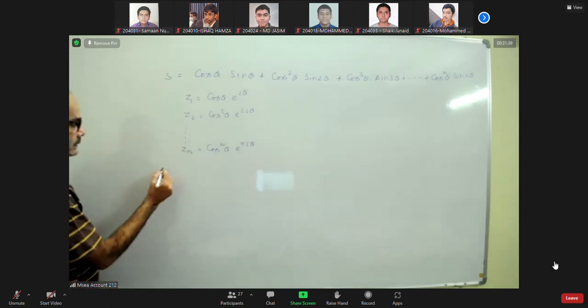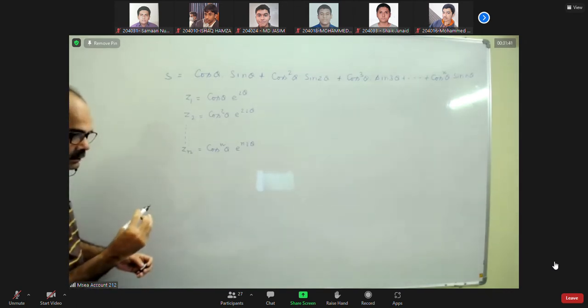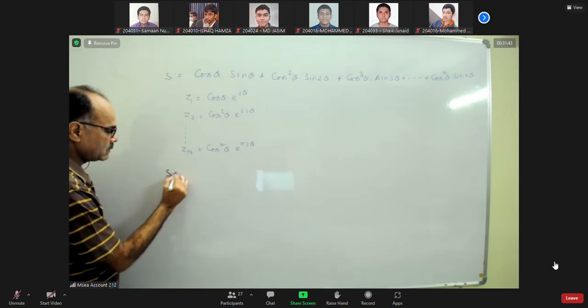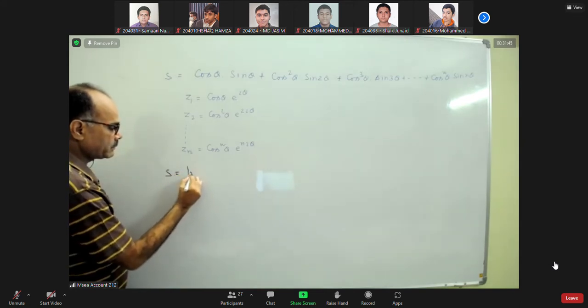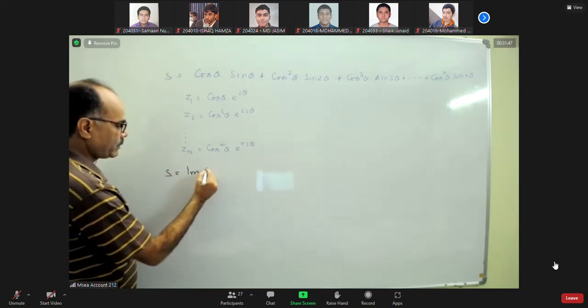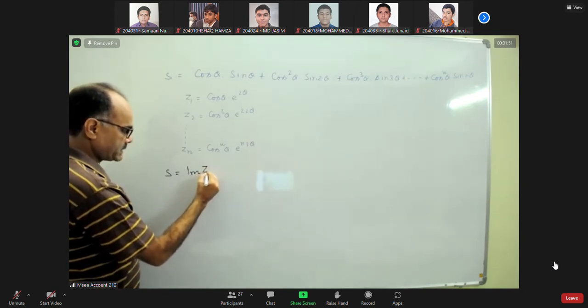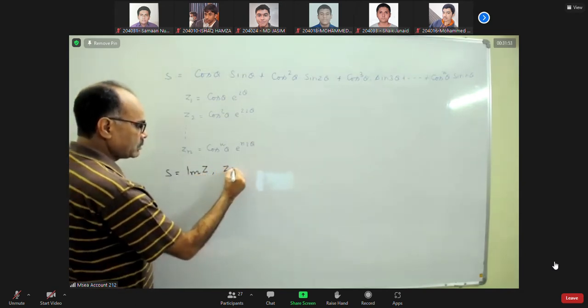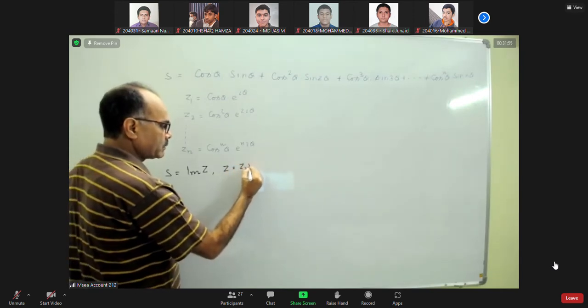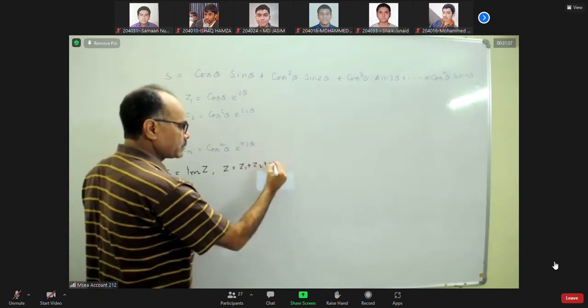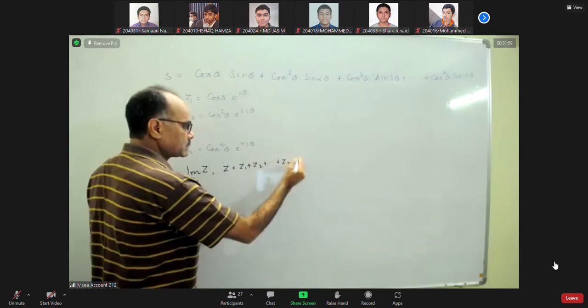Now S is the imaginary part of Z, where Z equal to Z1 plus Z2 plus up to Zn.